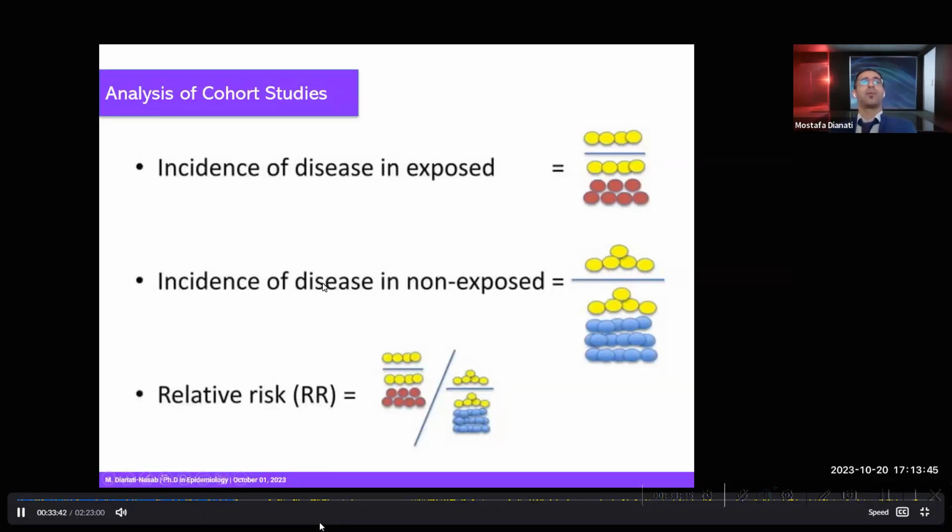Incidence of disease among non-exposed is likewise those who get sick among all who had no exposure. If you simply divide these two elements, you have relative risk. It's really easy, no? I try to make it as simple as possible.